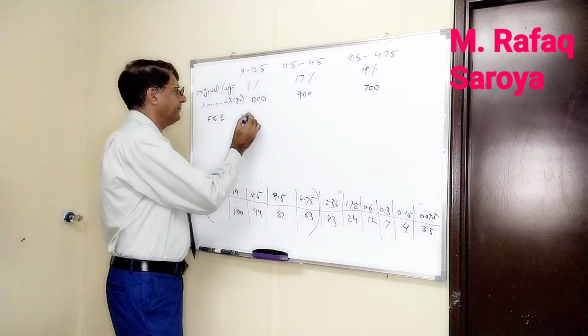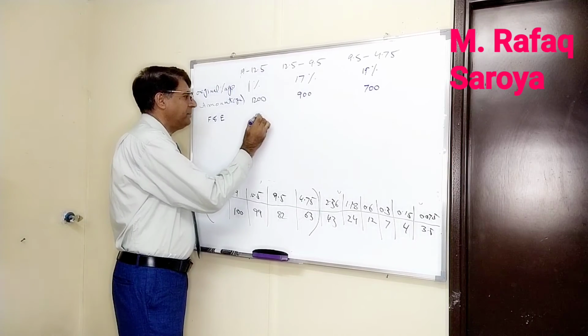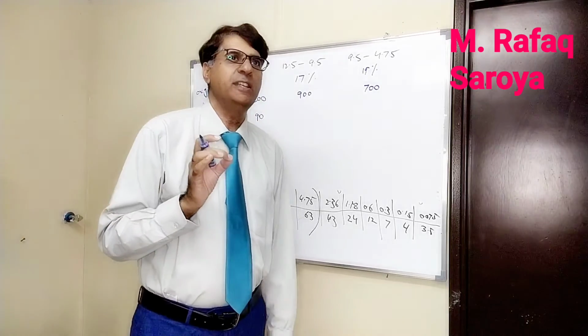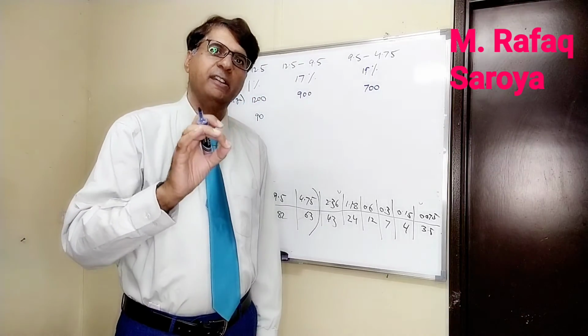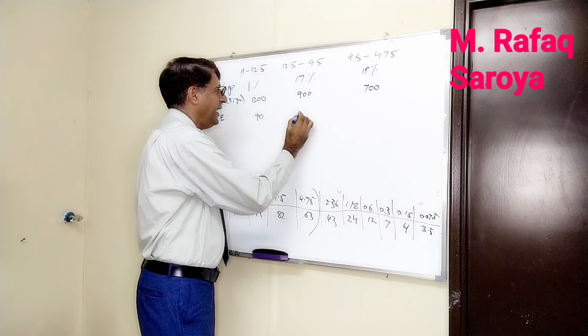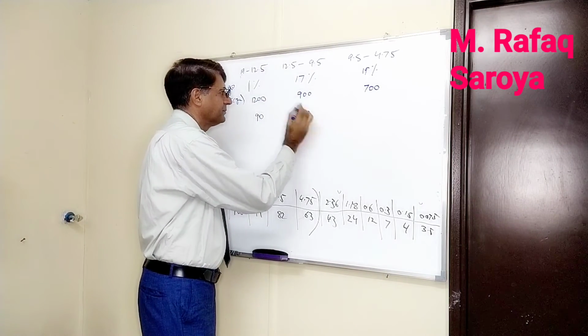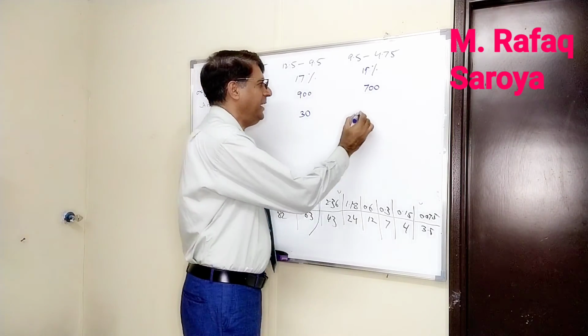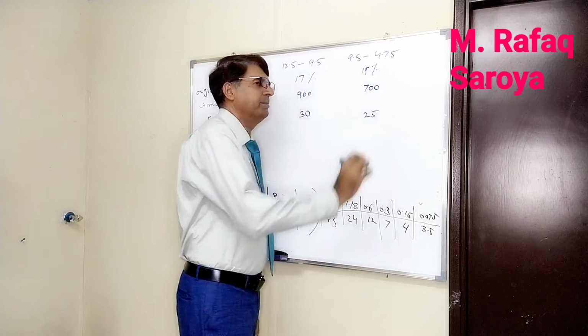Here I assume that 90 gram of this material has passed. It means 90 gram of this material has the characteristic known as flat and elongated. Similarly, 30 gram of this material are flat and elongated, and here 25 gram.